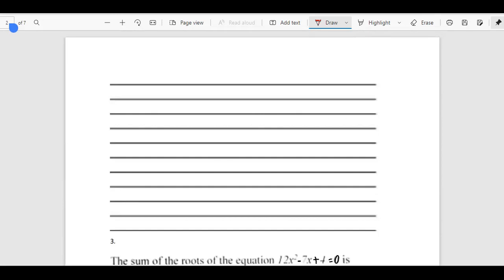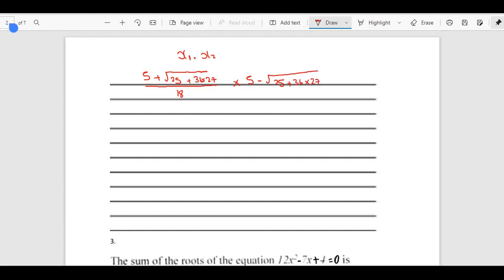Okay, so the two roots are, I have to multiply x1 into x2, and if I do so, I will have 5 plus under root 25 plus 36 into 27 divided by 18, multiplied by 5 minus under root 25 plus 36 into 27.